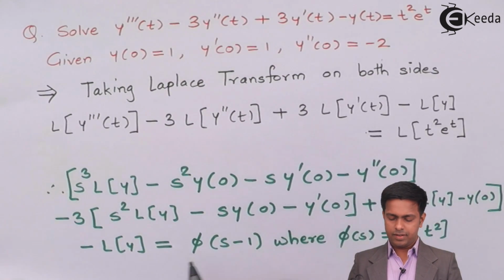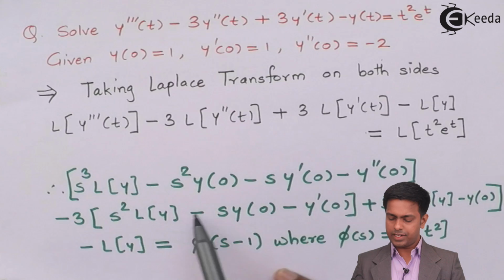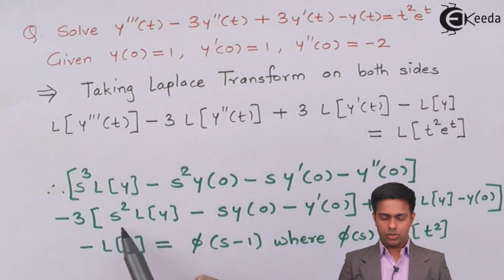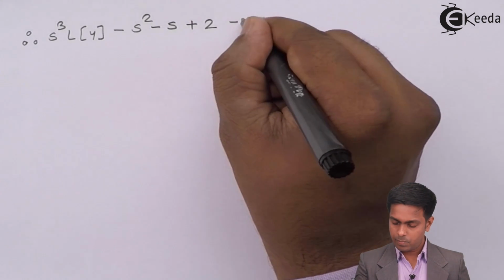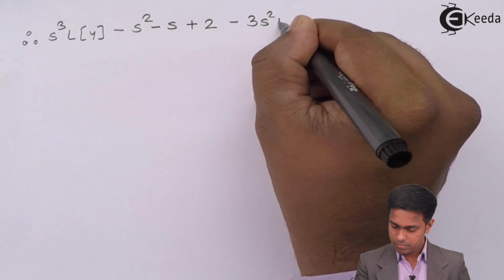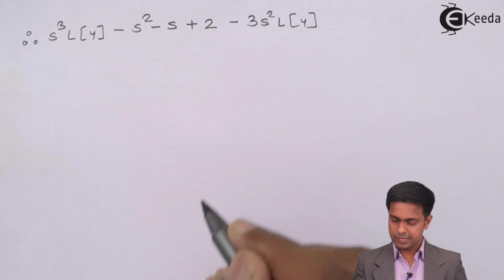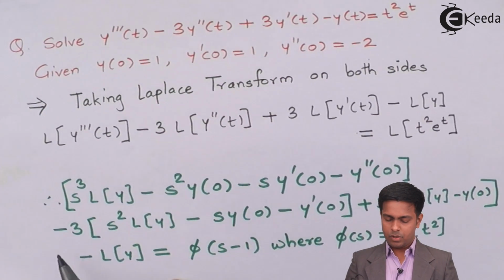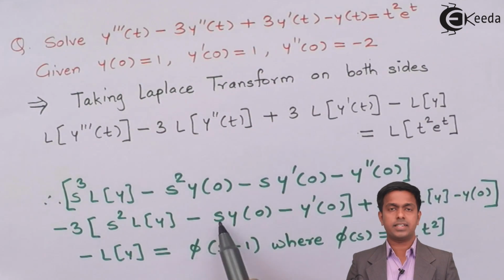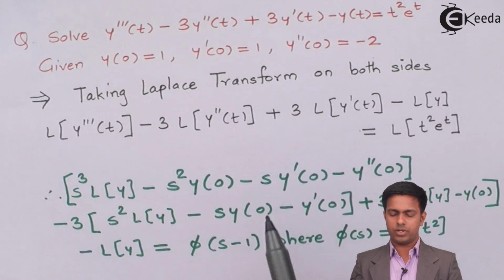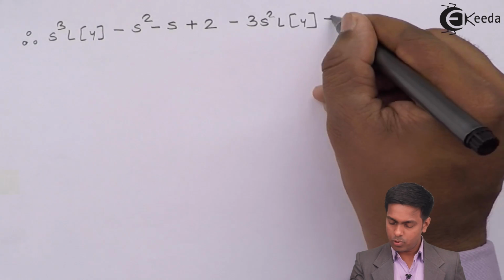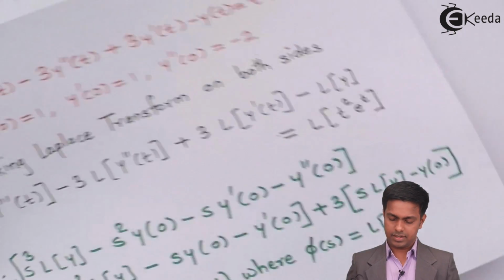Guys, after this, this bracket is being multiplied by minus 3. So the first term will be minus 3 s square Laplace of y. Then minus 3 into minus s, that is plus 3s into y of 0. Y of 0 is 1, so that will be positive 3s.